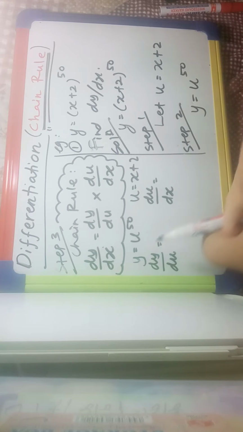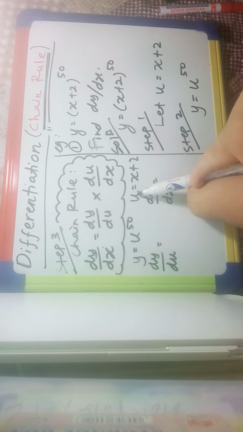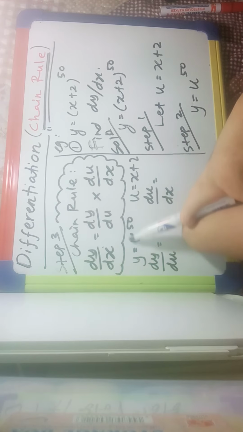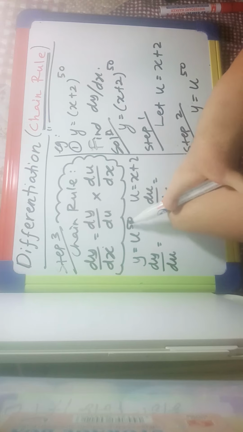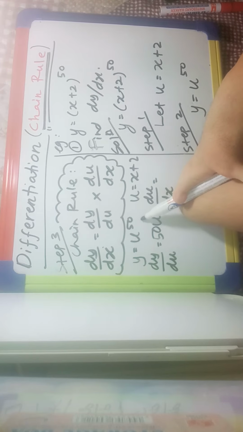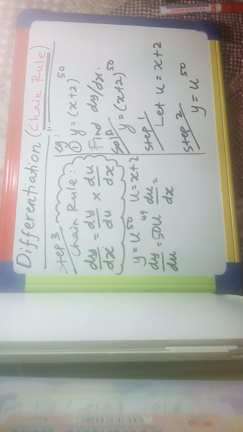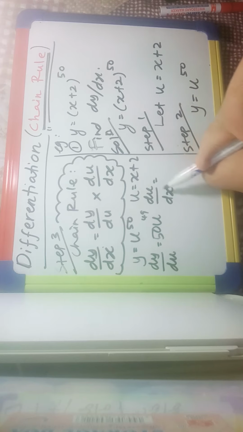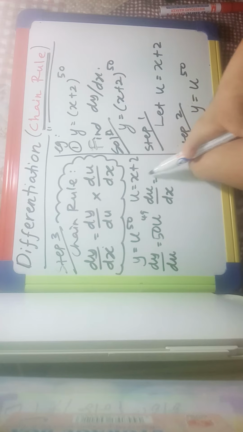You see, in terms of y and u, dy du; in terms of u and x, du dx. One by one. Differentiate this one: power goes down, power minus 1. So we get 50u to the power of 49. How about u equals x plus 2? So du over dx is equal to 1.